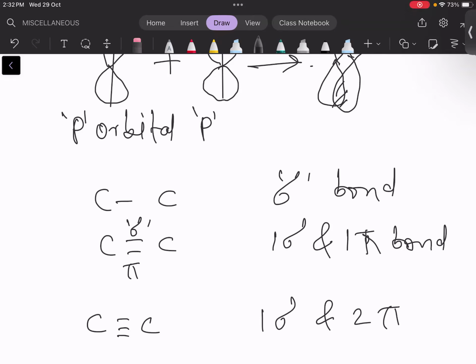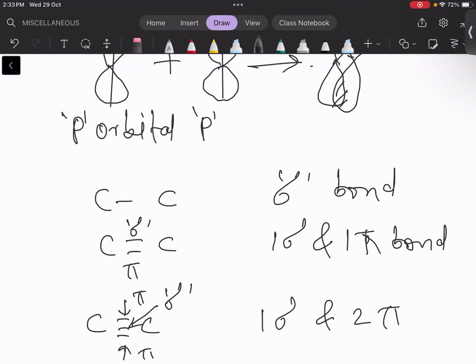So the topmost will be considered a pi bond, the downmost a pi bond, and the middle one is nothing but the sigma bond. So pi bond is present only along with sigma bond. You do not have separate existence.